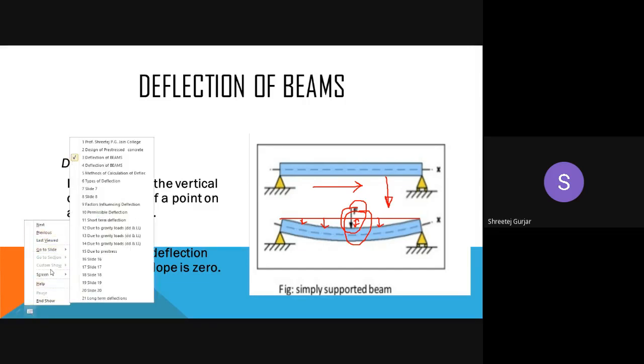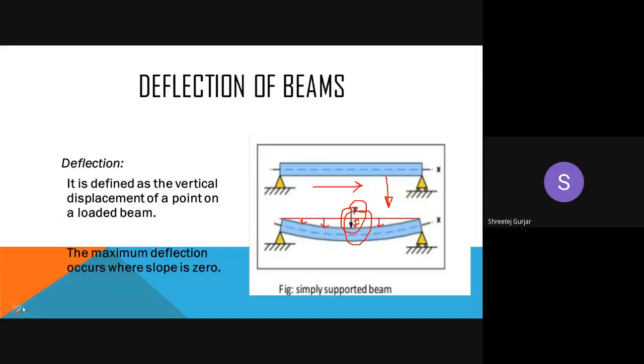One term we have to define to find out where the deflection is maximum. Maximum deflection usually occurs where the slope is zero. I hope you remember what is meant by the slope of a beam and what is meant by the displacement.